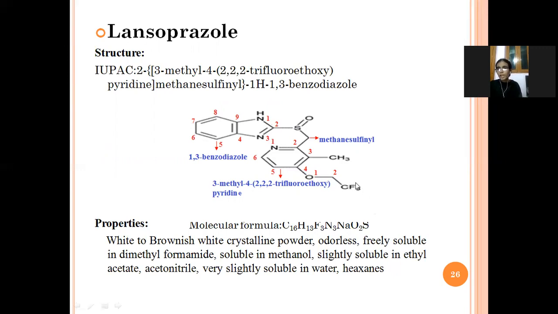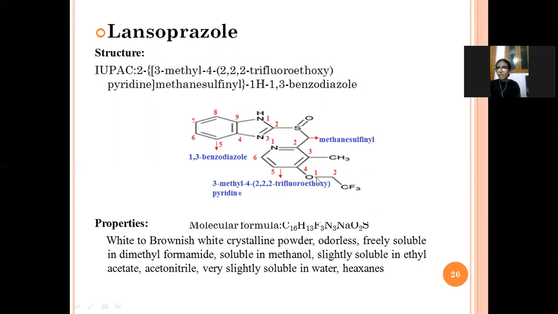So trifluoro, and here 2 carbon atoms means ethyl, and here oxygen. So this is a trifluoroethoxy. See here 1,3 benzodiazole. Second position, the methane sulfonyl pyridine. Third position, methyl, and here in fourth position, trifluoroethoxy group is attached.